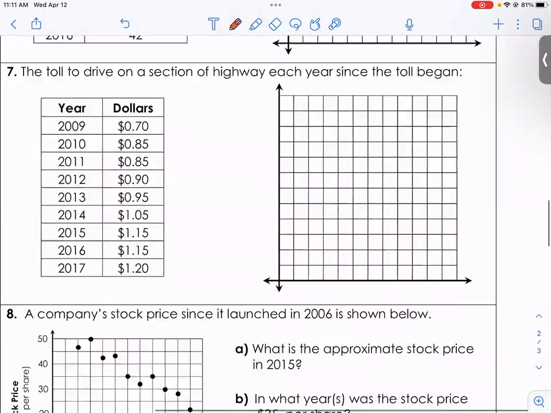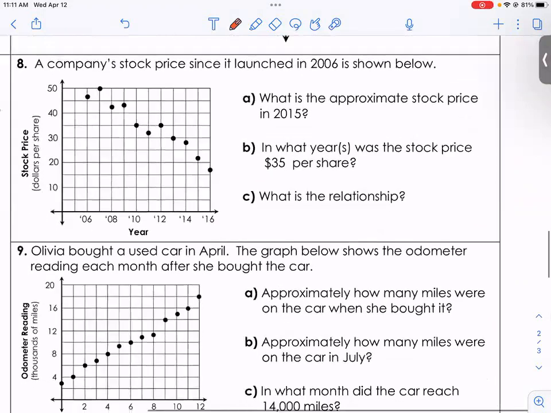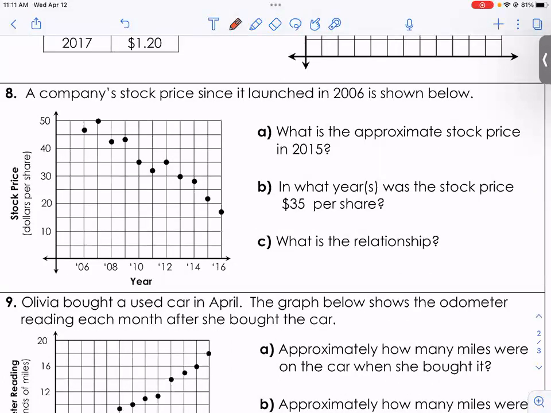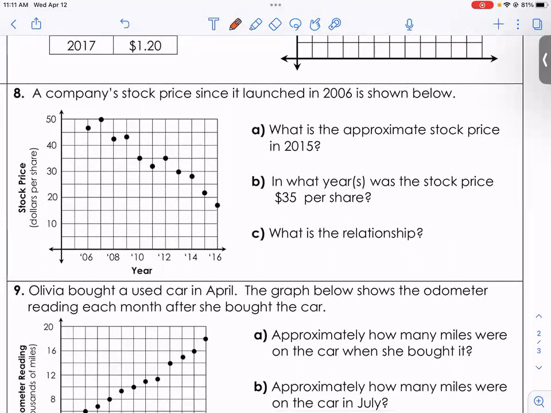All right, so let's go to the next page. I want to look at number 8 and number 9. In number 8, it is showing a company's stock price since it was launched.